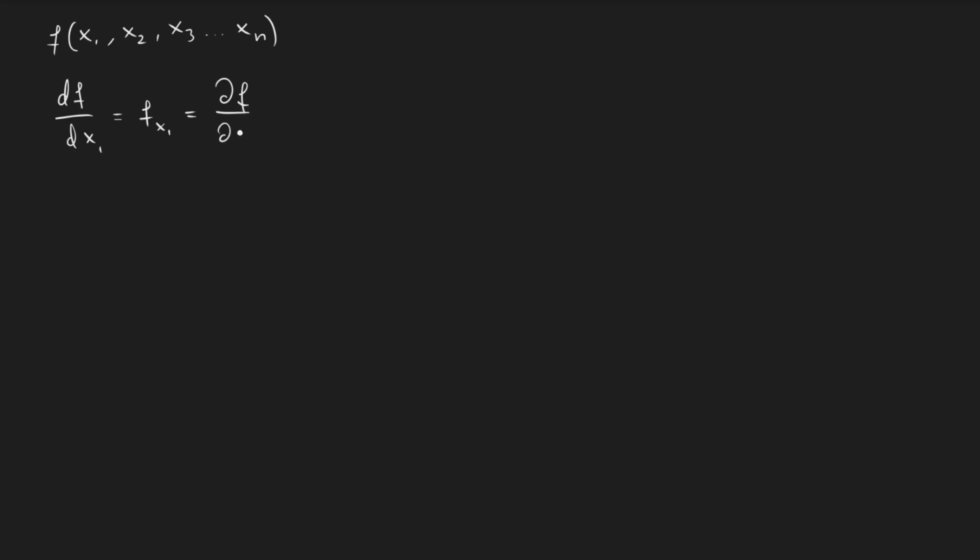So this is the same notation. And this partial derivative will tell us how much our function value will change if we increase our x1 variable by epsilon, but our other variables will stay the same.